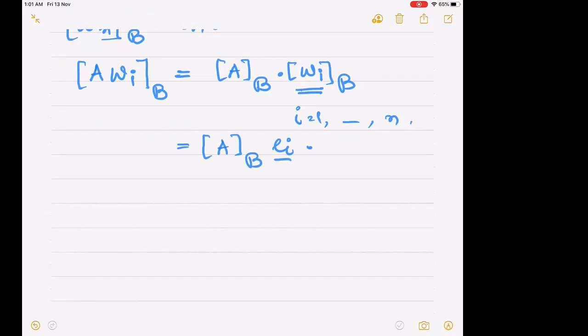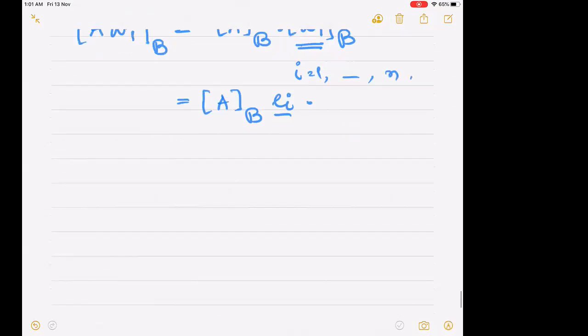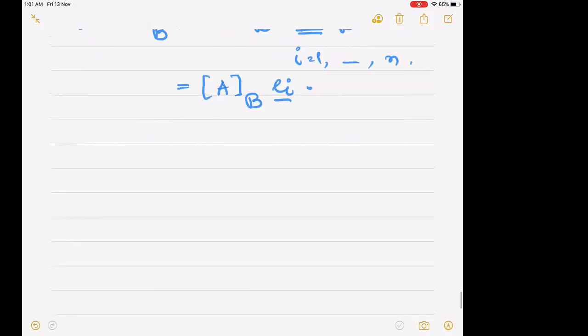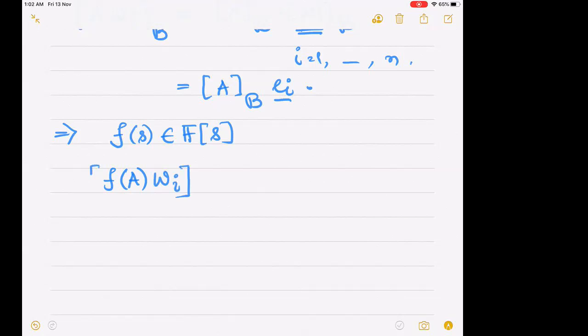You can notice easily that this also implies, from here it follows that if I have any polynomial f(s), then if A is an operator, its action on W_i, the ith basis vector represented in this basis, is nothing but f of A's matrix representation in the basis, into E_I.